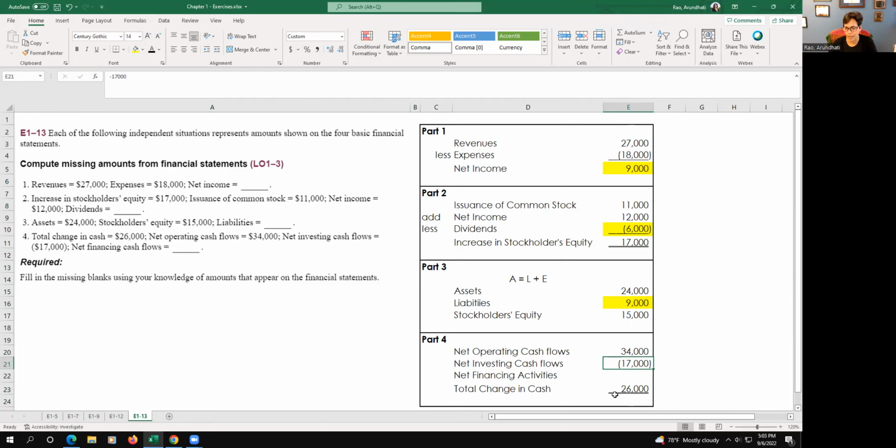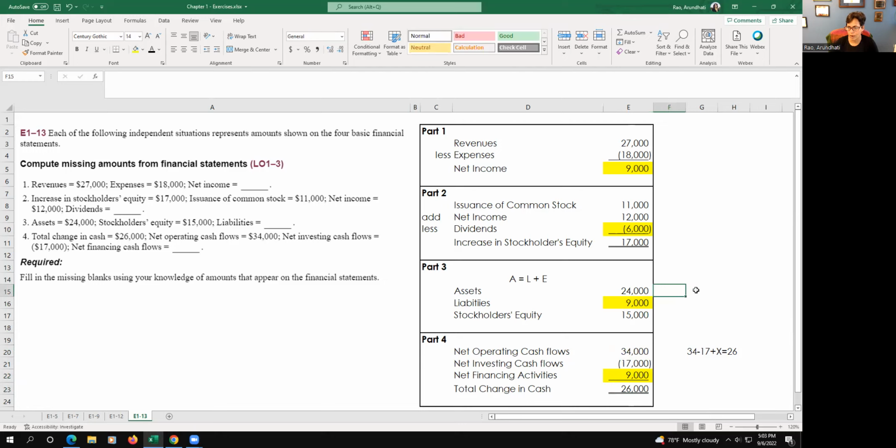So I solve for that X. Again, if you need me to write this out, 34 minus 17 plus the X that's unknown equals 26. You solve for the X, and the answer you're going to come up with over here is 9,000. 34 plus minus 17 plus 9 gives you the 26,000 that you need to end up with.